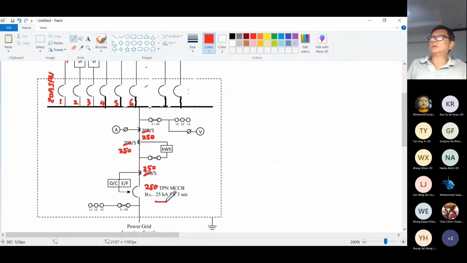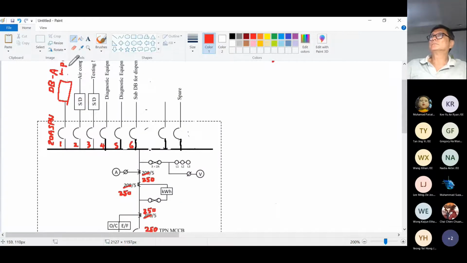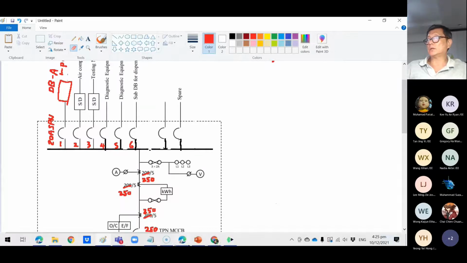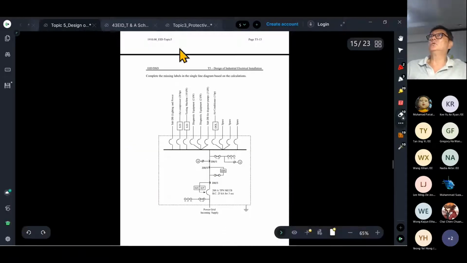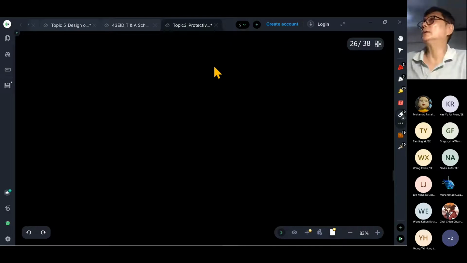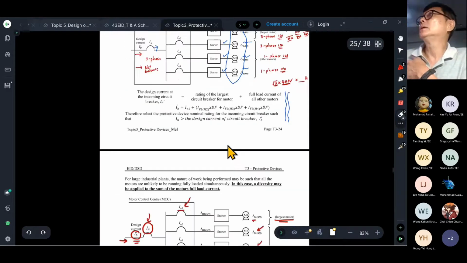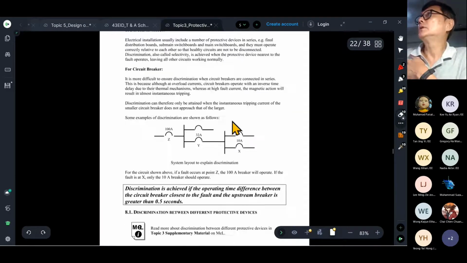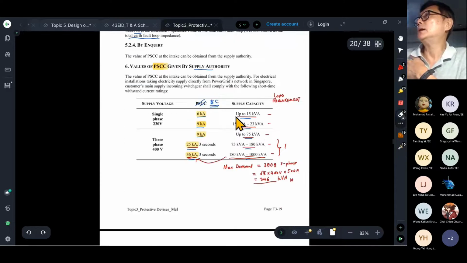Anybody remember how to determine the breaking capacity? Remember in topic 3, we have one page that gives us a clue how to determine the breaking capacity.